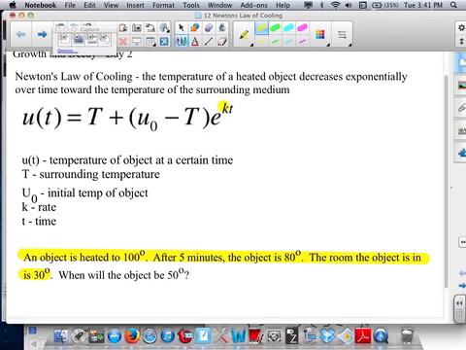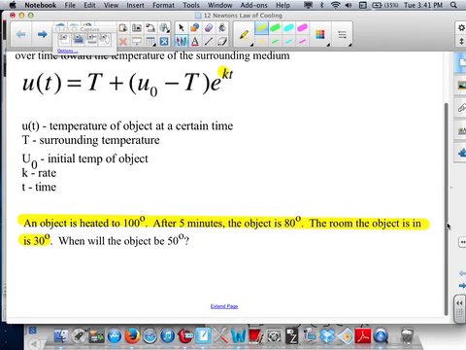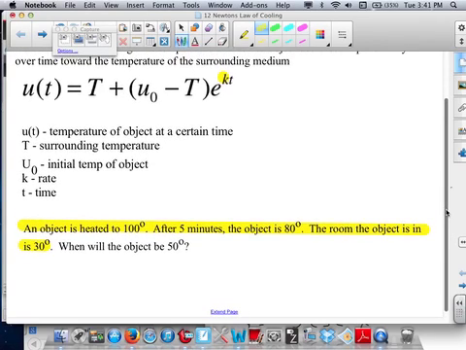Let's plug in everything that they tell us into the formula. An object is heated to 100 degrees. That 100 degrees stands for the initial temperature of the object, U sub 0. Next, after 5 minutes, that'll go in for this T right here, the object will be 80 degrees.